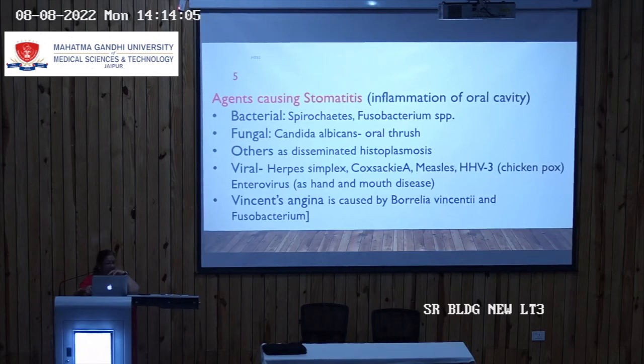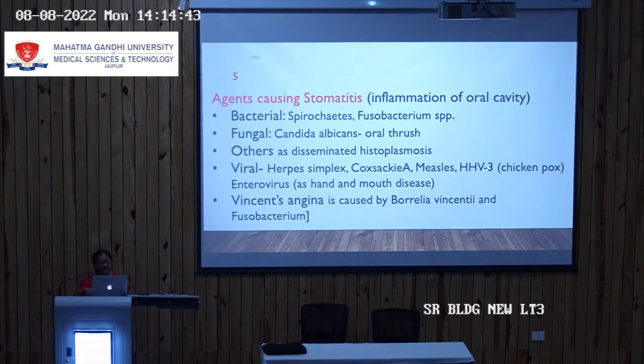Others are a fungal infection, histoplasmosis, which is a disseminated type of infection, and this can also cause oral infection. Then there can be viruses which can cause infection like herpes simplex, Coxsackie A, measles and chickenpox, enteroviruses, etc., known as hand and mouth disease. It is very common in children. These days children are suffering with hand and mouth disease.